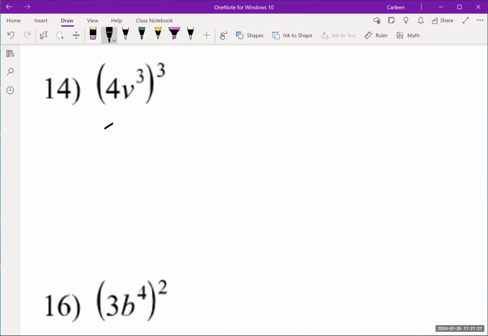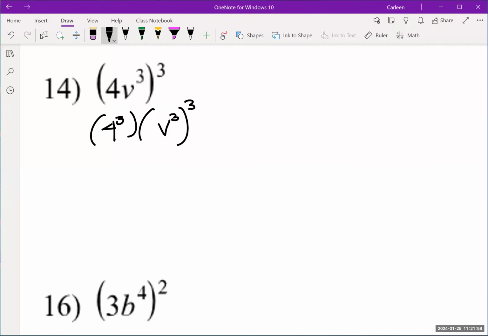Anyway, so we have 4 to the third, v cubed to the third. So what do we have? Careful. Don't forget to do 4 to the power 3.